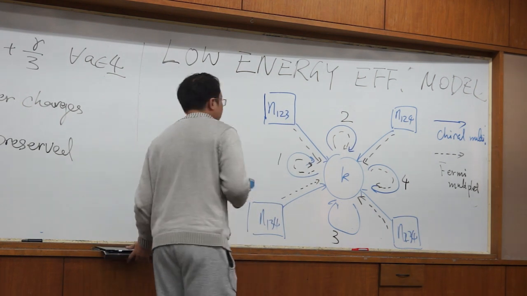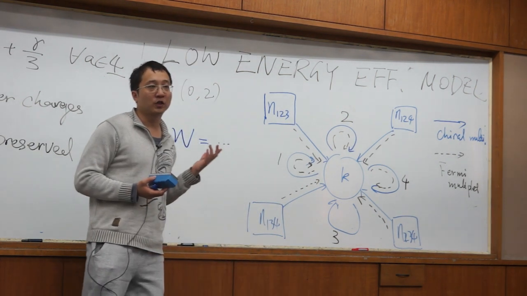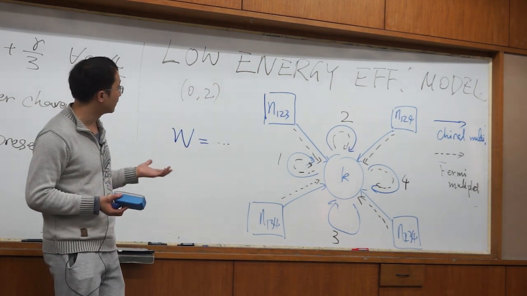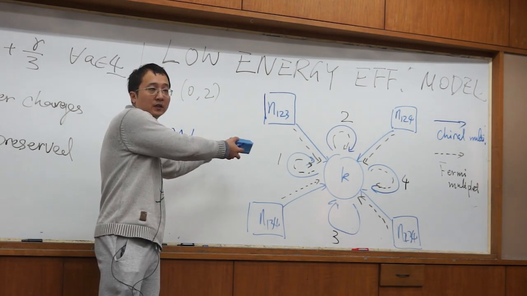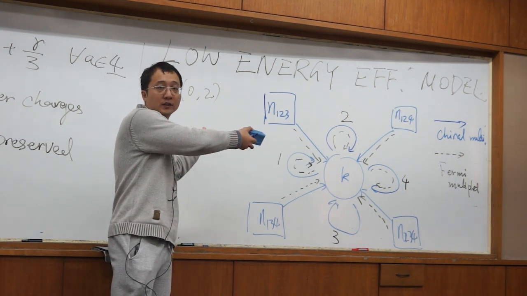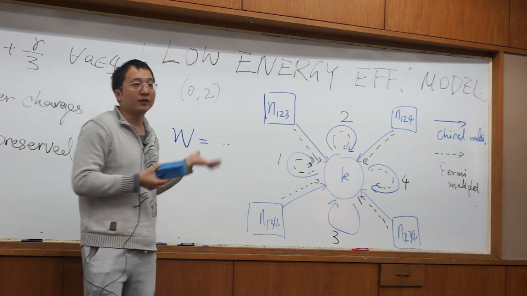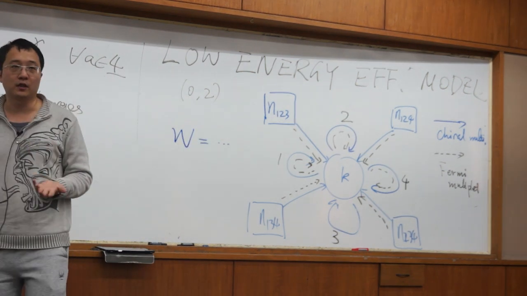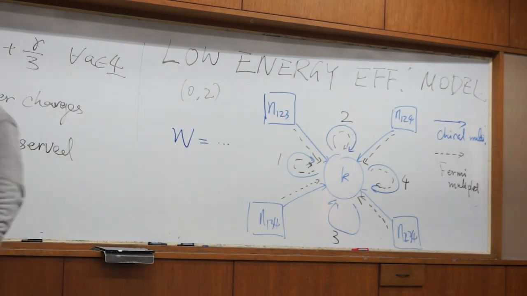And then we define the instanton moduli space of tetrahedron instanton as the moduli space of this low energy effective model, which can be written as a quiver representation with a relation.